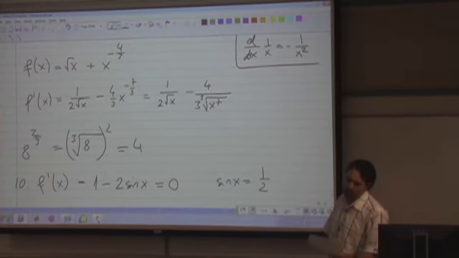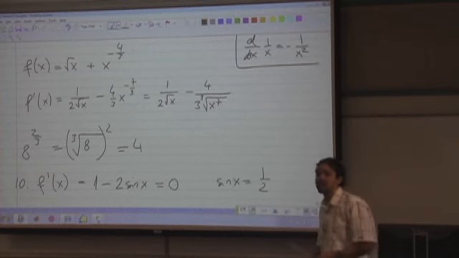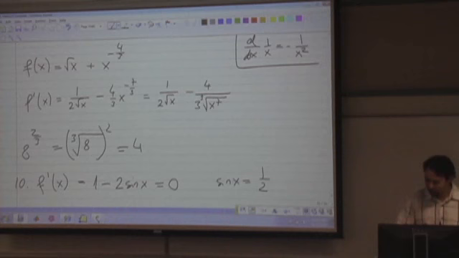Moreover, if it's a function, it'll never have a vertical tangent. Well, I guess it could, but it's very seldom. I guess cube root of x would be one example. But the way you actually deal with that, we'll see. You'll actually make the denominator 0 if it has a denominator. We'll talk about that in about a week or a week and a half. Okay.